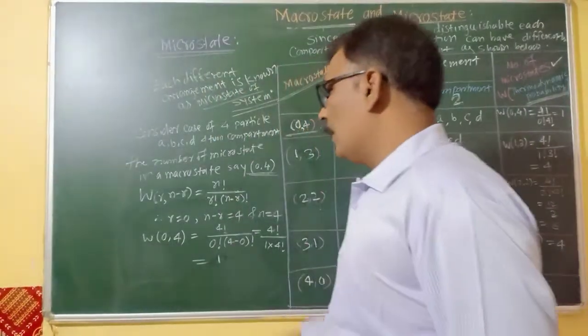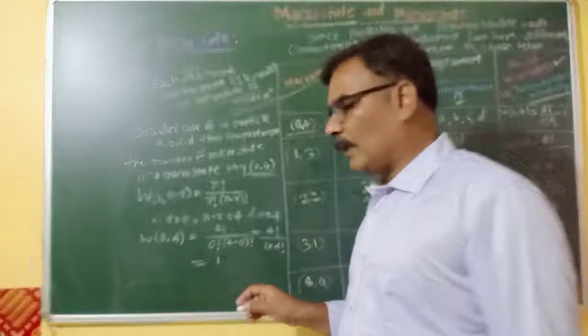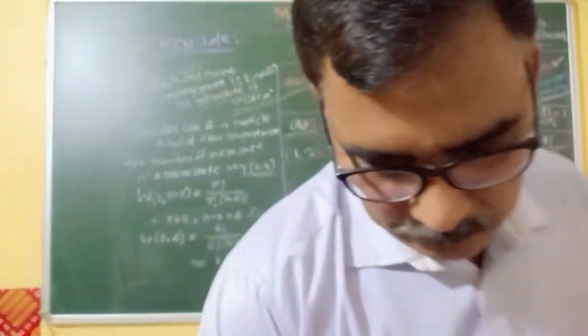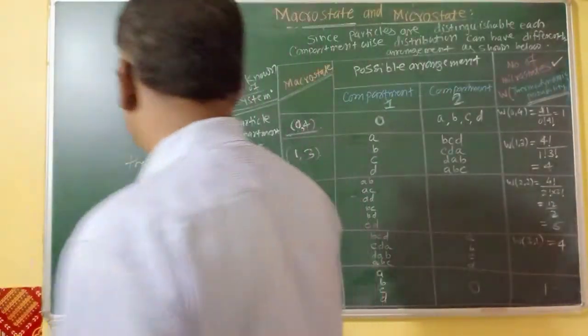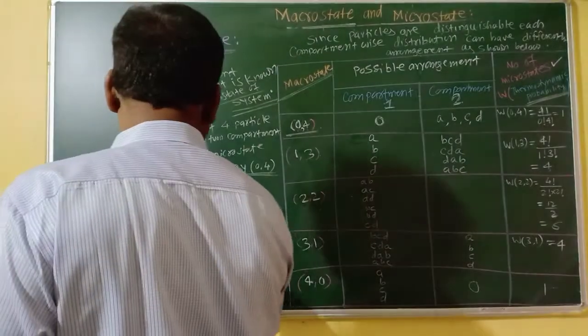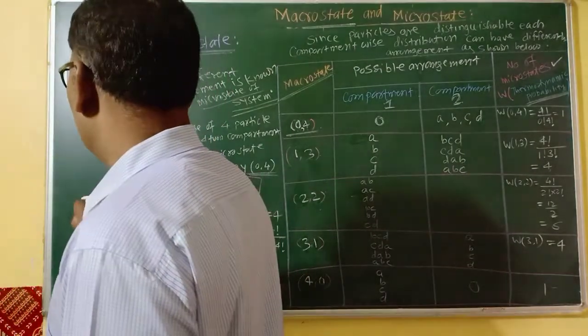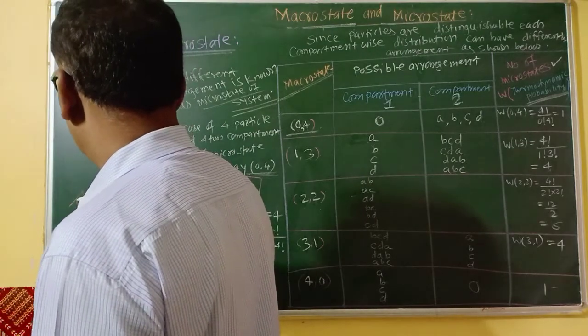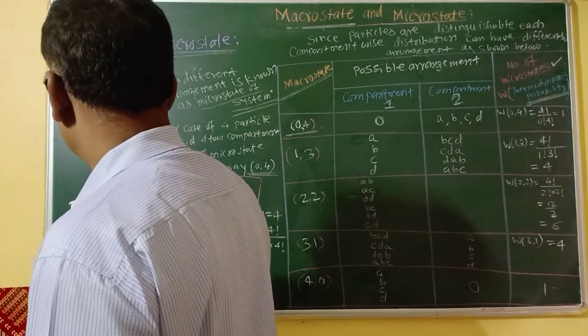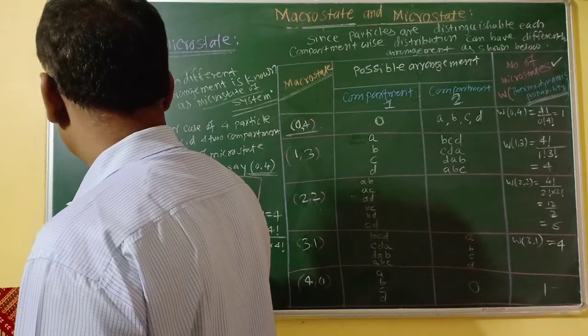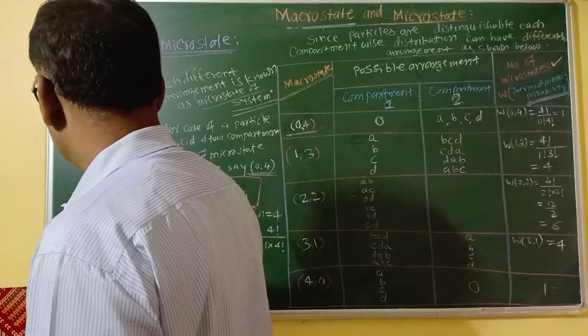See here. First of all, we have the formula for thermodynamic probability. In the next article we will discuss it, but we write it already here. This is the formula for thermodynamic probability.